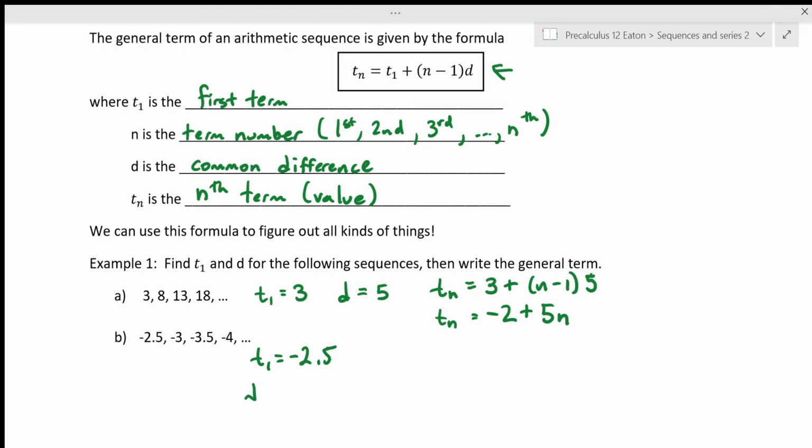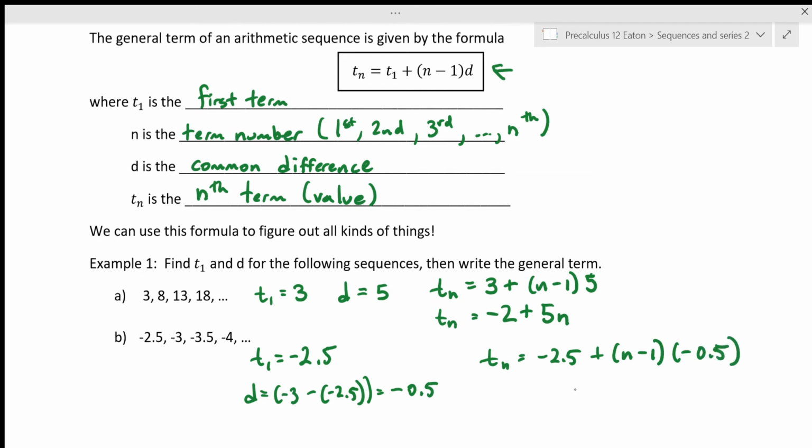Common difference, I'm going to do negative 3 minus negative 2.5. And that's going to give me a negative 0.5, or negative 1/2 if you prefer fractions. So my T sub n is negative 2.5 plus n minus 1 times negative 0.5.